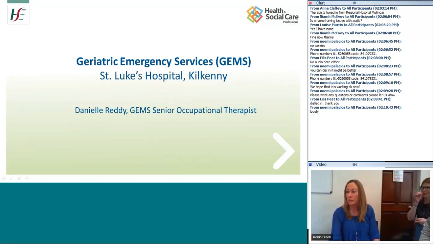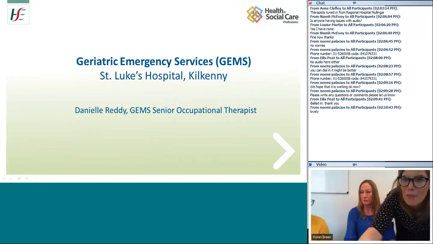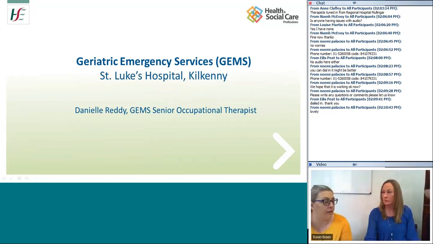I think as well the beauty of the CGA is that it is comprehensive. It includes a lot of significant areas in people's lives. And I think one of the things that are very important in it is that we ask people what matters to them. And that could mean that somebody comes in from a nursing home and has a very detailed plan in place, and it could take you 20, 25 minutes to complete it. Or somebody's coming in for the first time in hospital, in this hospital or in any hospital.